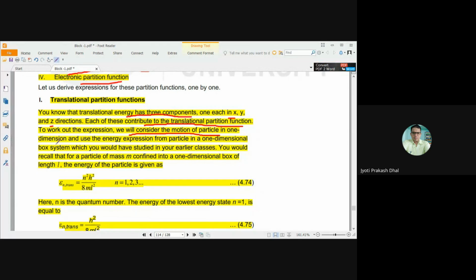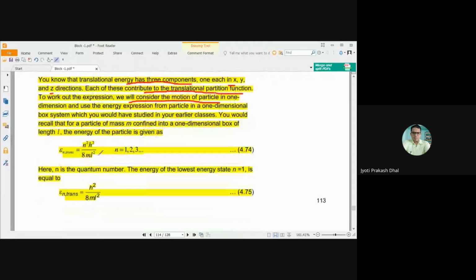If we determine the translational partition function for one axis, similarly we get it from the y direction and from the z direction. So here we consider the motion of the particle in a one-dimensional box system, which you have already studied at graduation level in quantum mechanics.